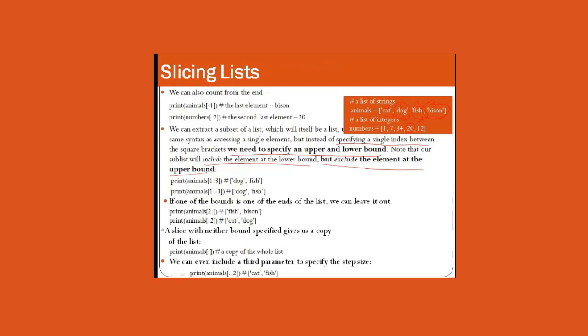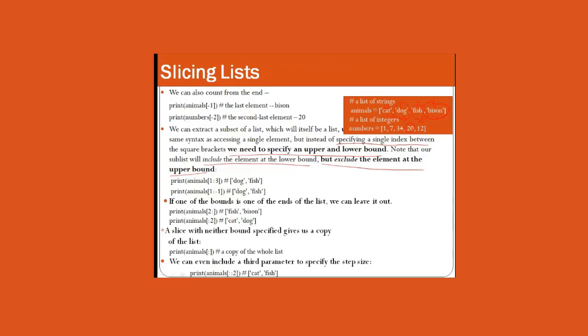A slice with neither bound specified gives us a copy of the list. So print animals colon, and a copy of the whole list will be displayed. We can even include a third parameter to specify the step size.